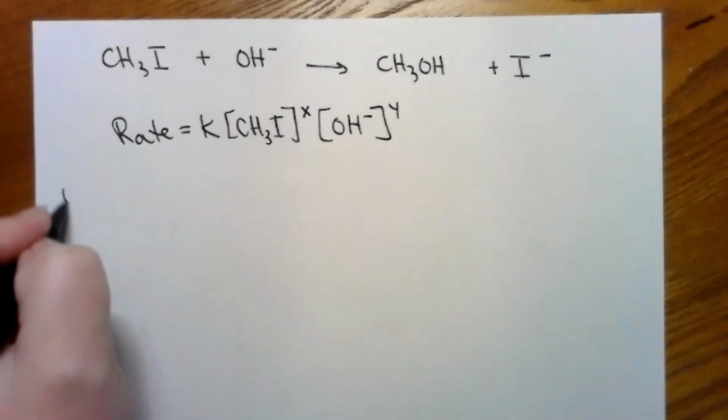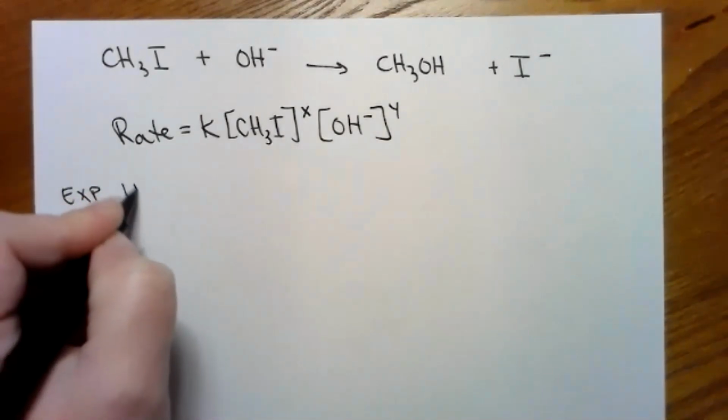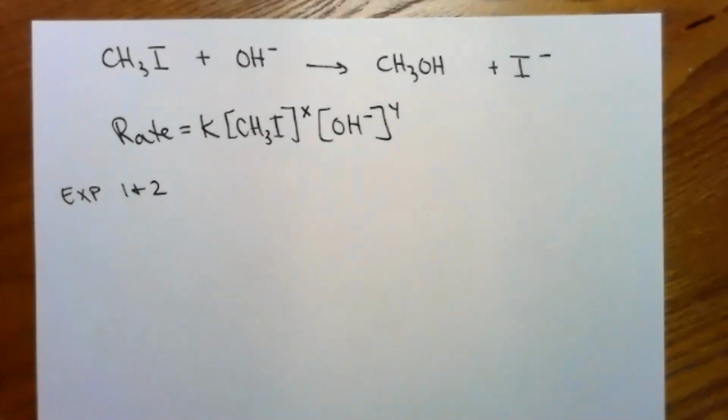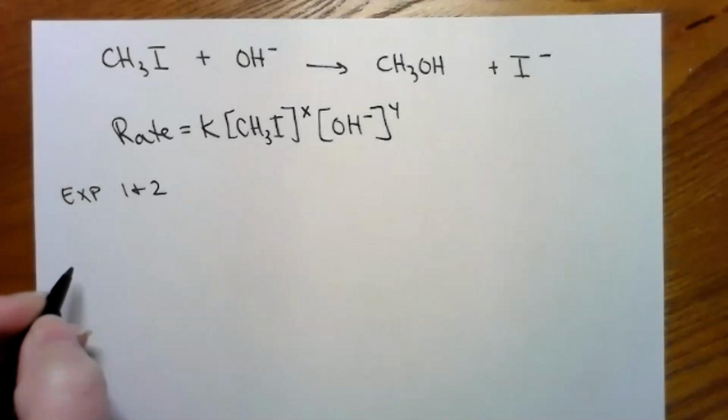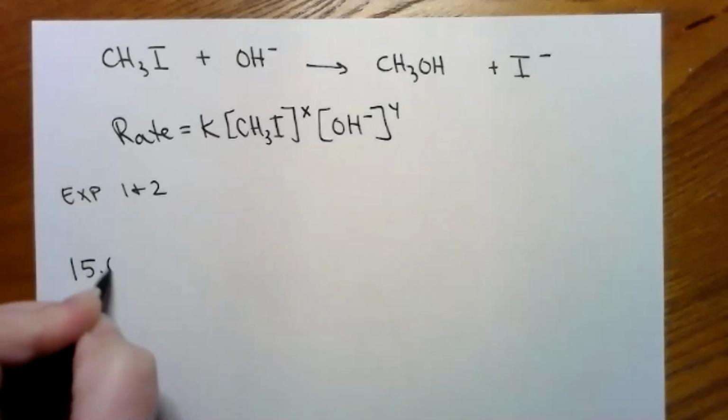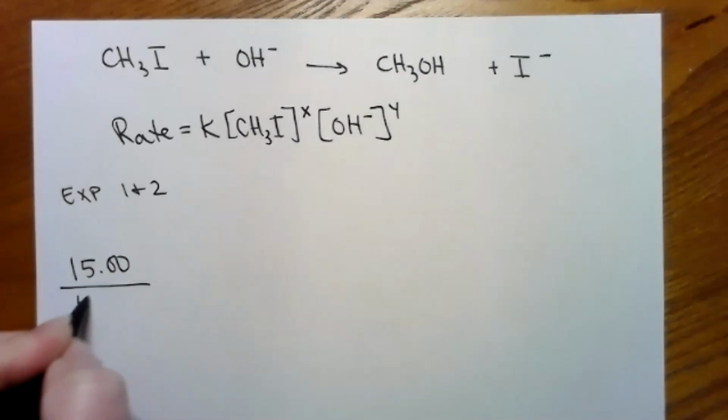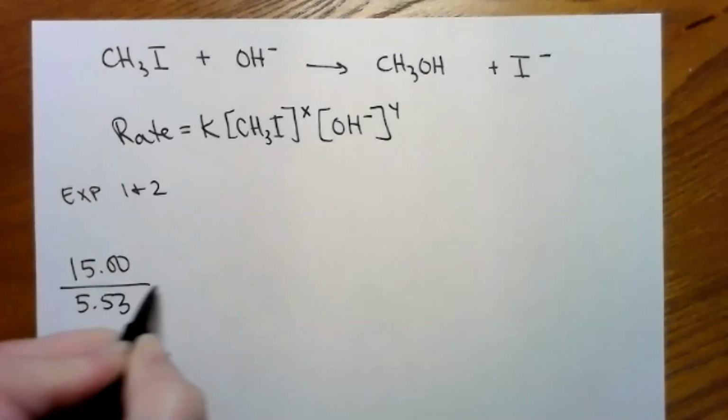I must compare experiment 1 and 2 in order to get my equation simplified to only have one variable. This time I'm going to put 1 on top of 2. Sorry. So I'm going to put the rate of reaction 1 over the rate of reaction 2.